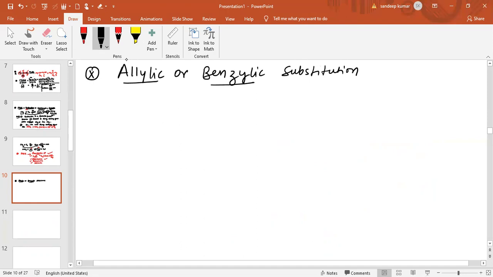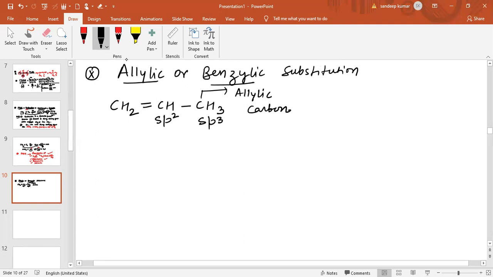For example, if a compound is given like this, CH2=CH-CH3, this is an sp2 carbon. The carbon next to the sp2 carbon, if it is sp3, we call it the allylic carbon, in a linear chain or in a cyclic one. This carbon is the allylic carbon and this carbon is the vinylic carbon.